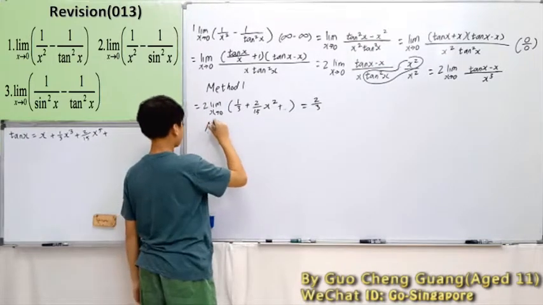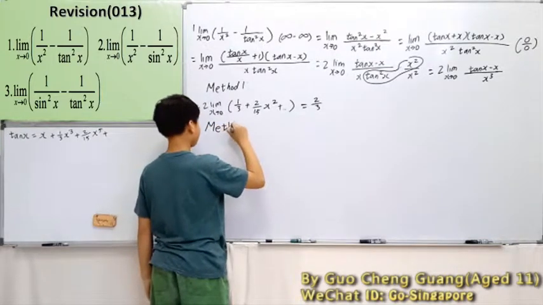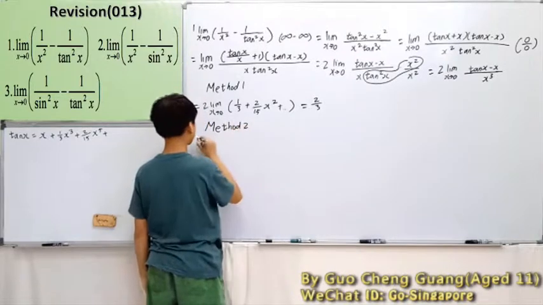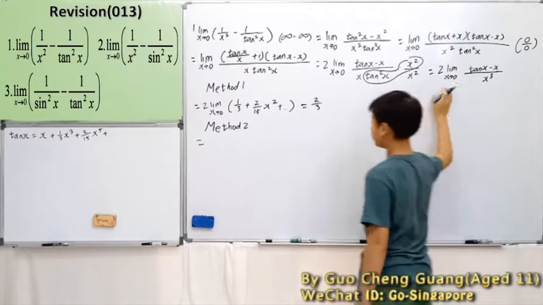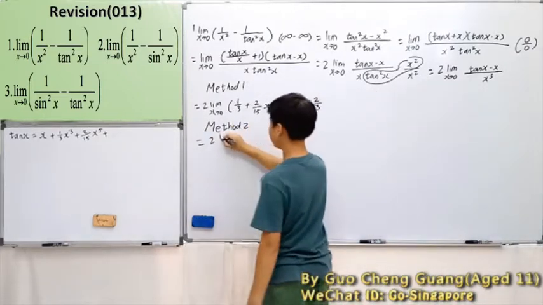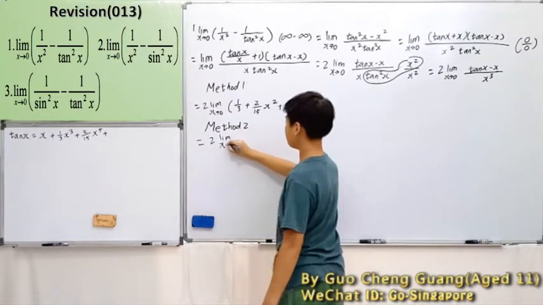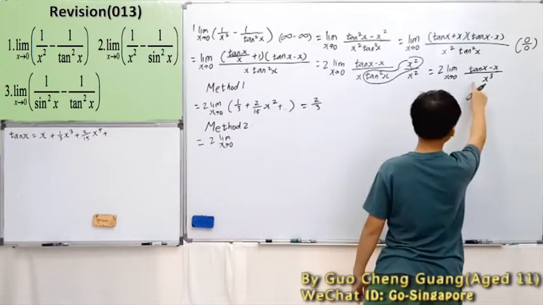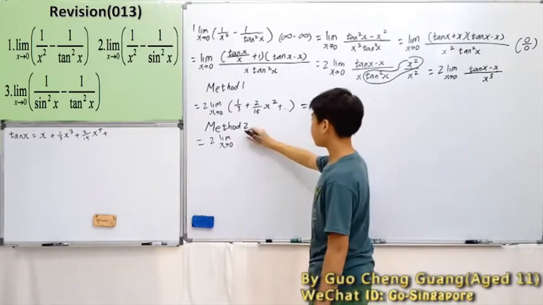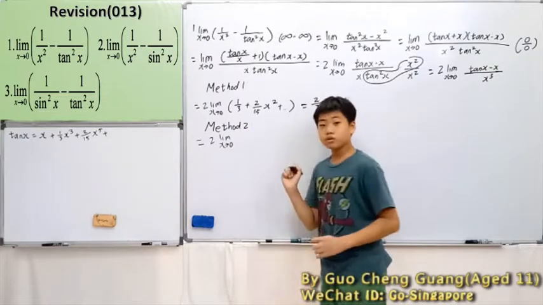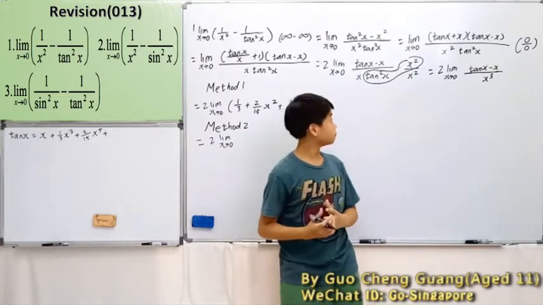Then how about the second method that you can separate from here? Now this second method is a little bit different. First part, 2 times the limit as x approaches 0 of tangent x minus x. Now this tangent x, we could use L'Hopital's rule.